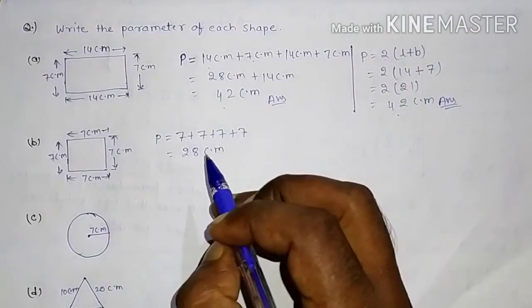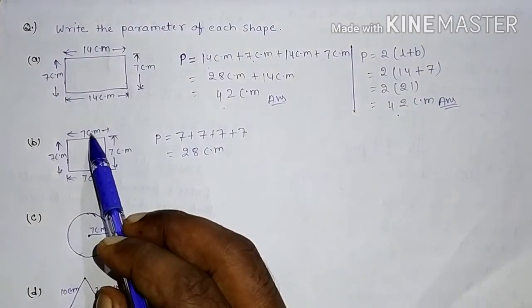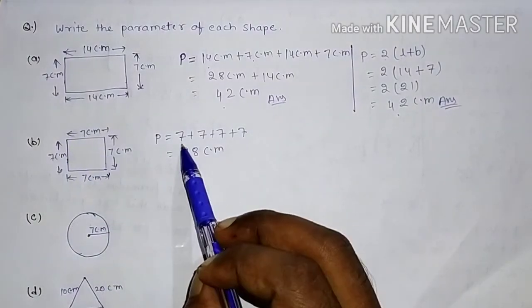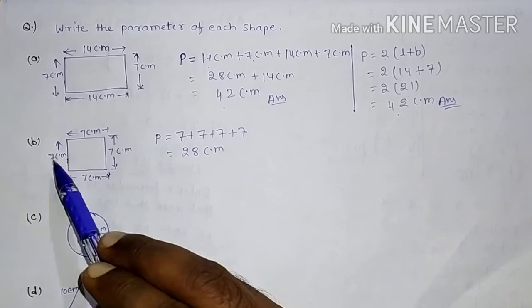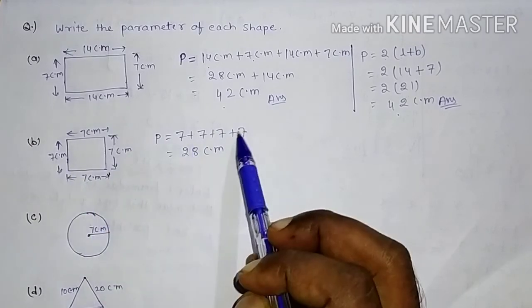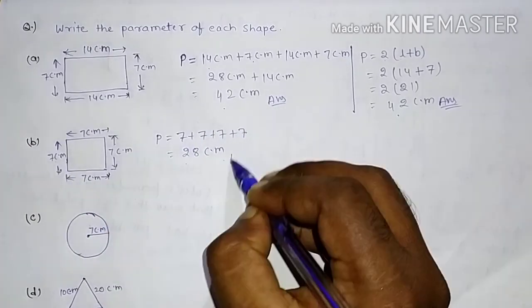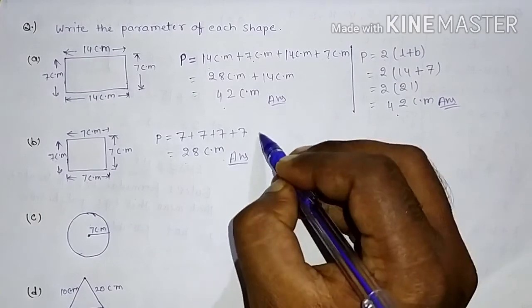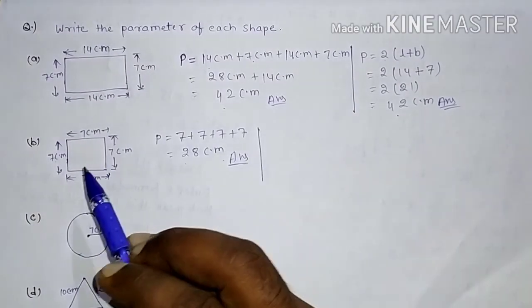Now it's very simple. Just add all the measurements of sides. So 7 plus 7 plus 7 plus 7. There are 4 sevens, 28 centimeter. And this is the answer. We can also find the perimeter by formula.